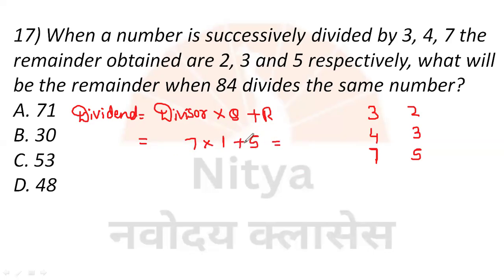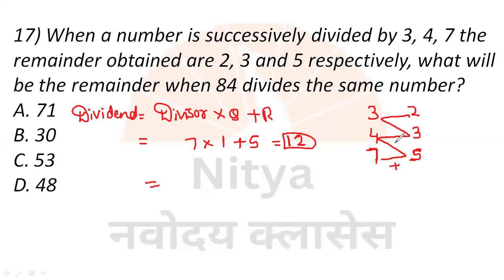So 7 ones are 7, 7 plus 5 is 12. You get 12. It means you get the last division's dividend, that is the dividend 12. Again, see here, in a simple way, you have to do it like a zigzag.